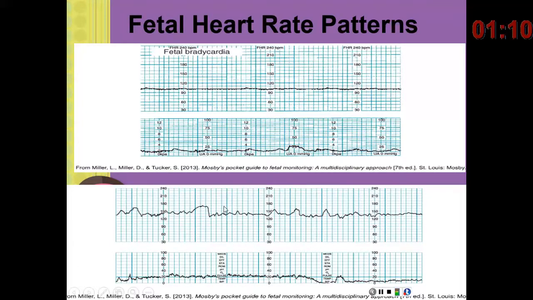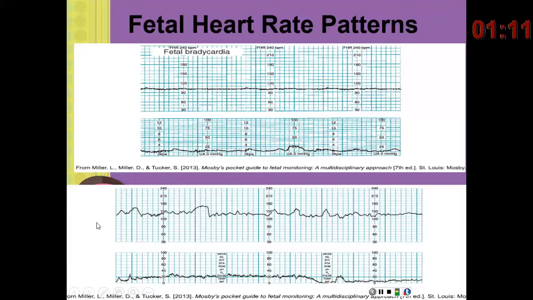This is conversely a beautiful strip. You have great variation here, so that's the variability, beat to beat variability. And then you also have accelerations. Look at this one, my goodness, it's 10, 25, and it's lasting 10, 20, probably 30 seconds.